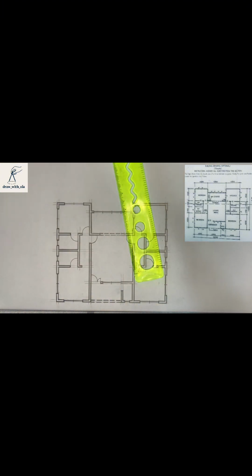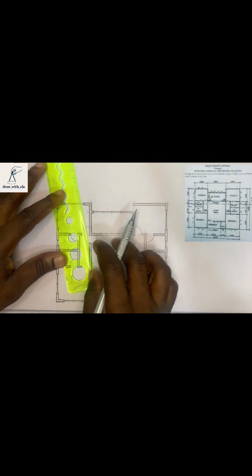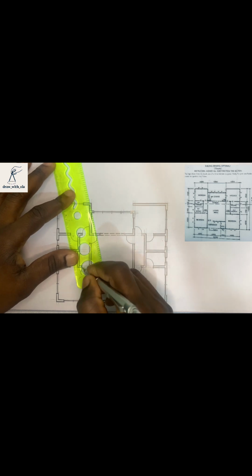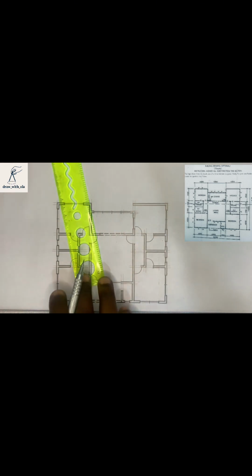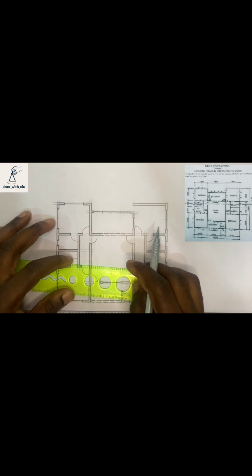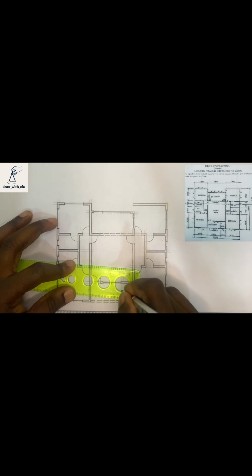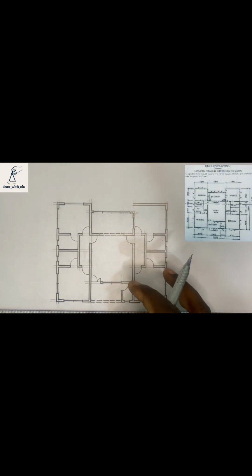So the doors open towards the walls. The doors open towards the direction of the walls this way. All right, so we missed one door here.